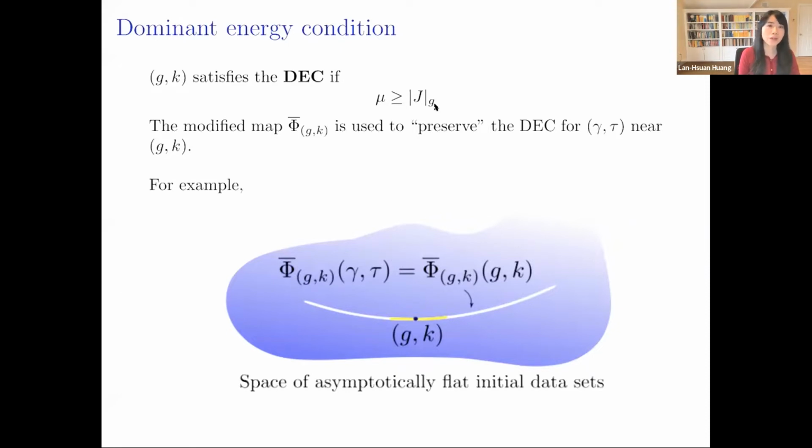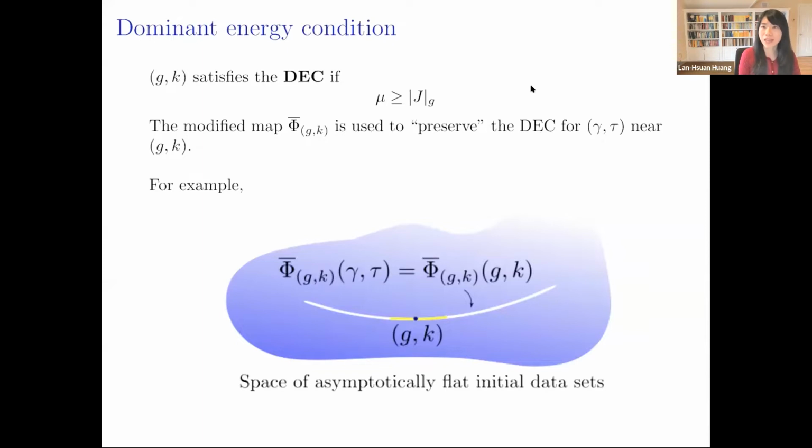Most often we assume the initial data set has to satisfy the dominant energy condition in order to prove anything meaningful. But it happens a lot that we want to modify our initial data, and then the question is whether the dominant energy condition will be preserved. That's really the main motivation for introducing the modified operator. It's used to preserve the DEC, the dominant energy condition, when we perturb g, K to nearby gamma and tau.